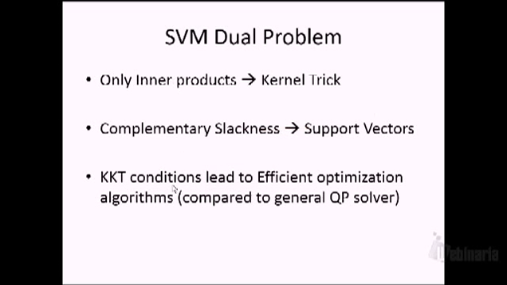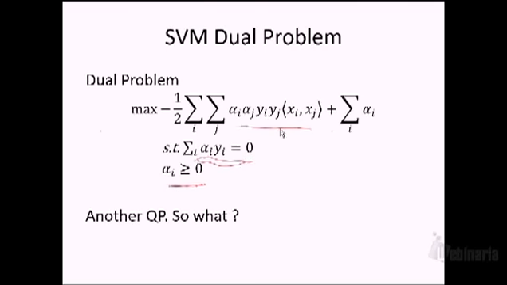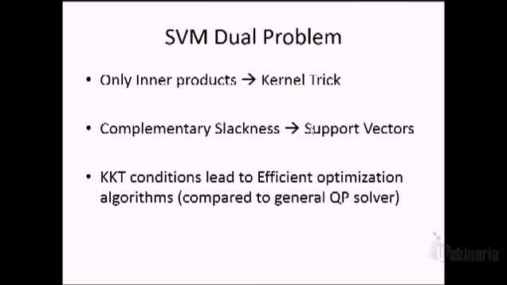So what benefits did we get from that? The first benefit is that now training examples are only used in terms of inner products, and that means we can apply the kernel trick.